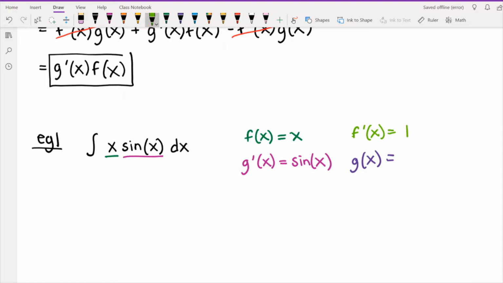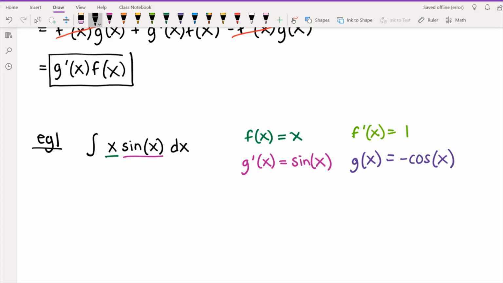So what's the antiderivative of sine of x? It's negative cosine of x. And you don't need to put the plus c. Basically, it's kind of like when you do a definite integral. Just choose the antiderivative where c is 0.